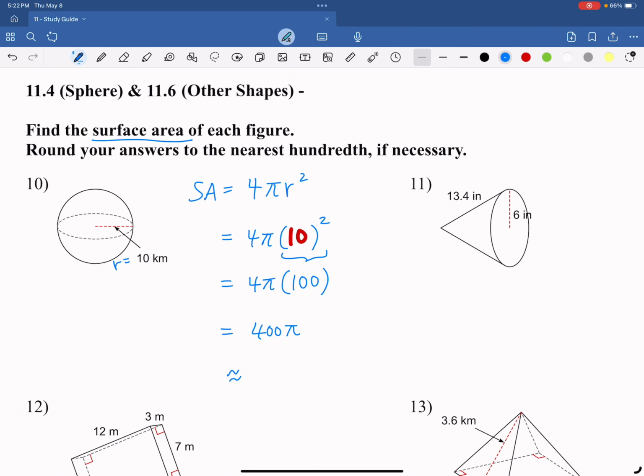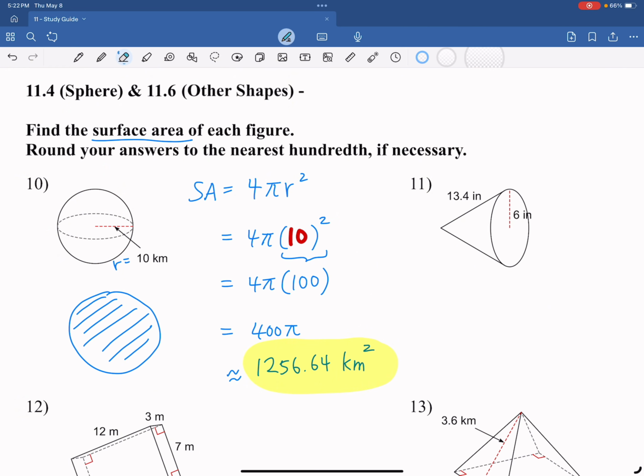Well, 400 pi is going to be approximately 1256.64 kilometers squared. And think about it, it's squared because you're flattening it out into just a 2-dimensional shape, right? And so this is really just the surface area, which is 2-dimensional.